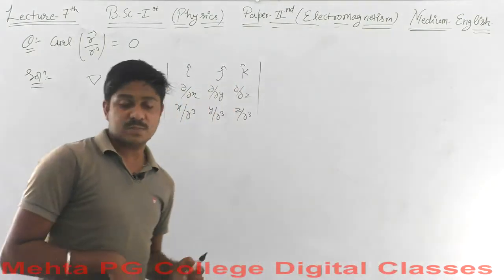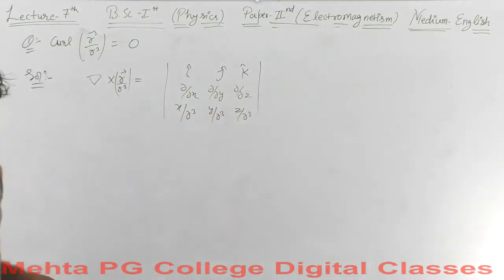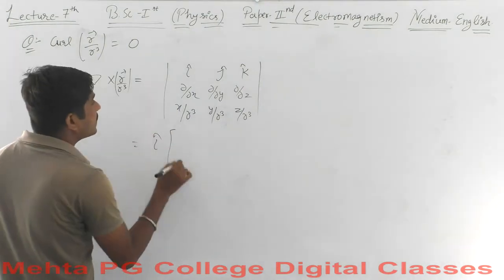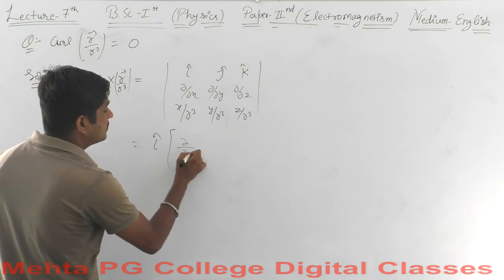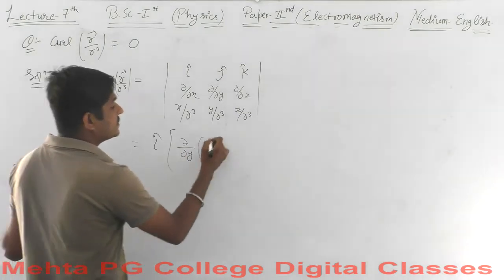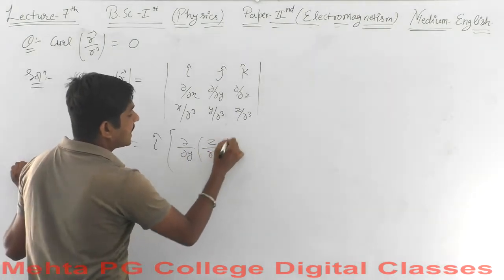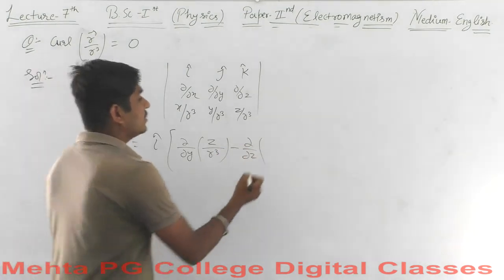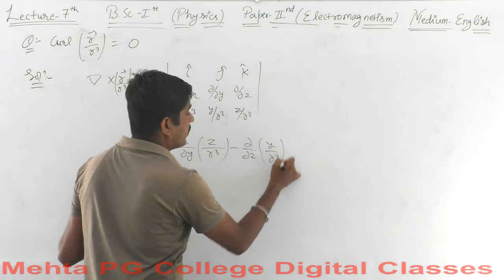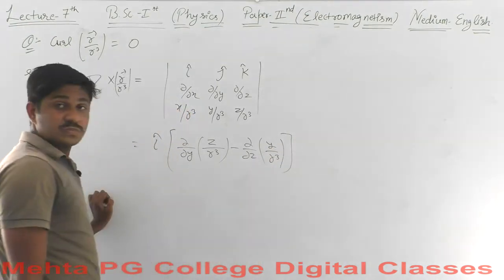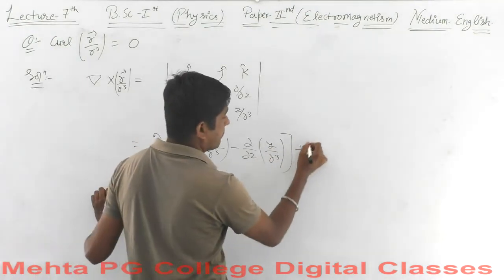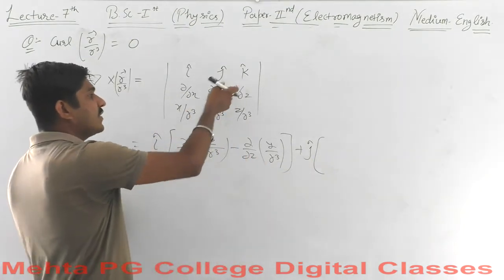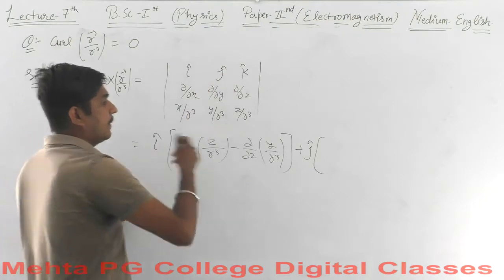So let's proceed further with our calculation. For i cap, we are going to have curly over curly y for z over r cube, minus curly over curly z for y over r cube, okay, plus j cap. We are following this order, and now we will follow this order.